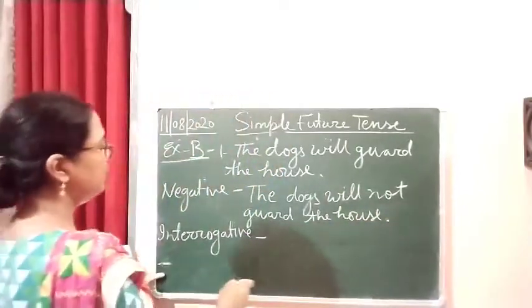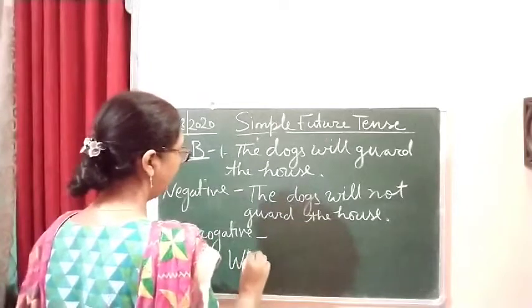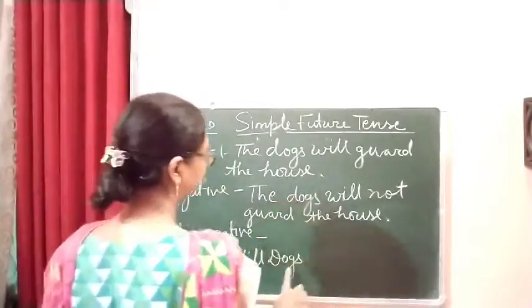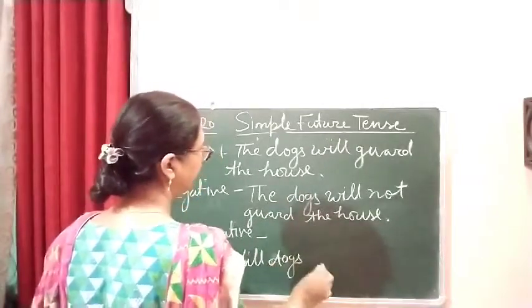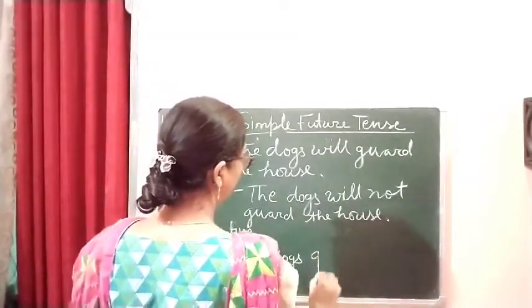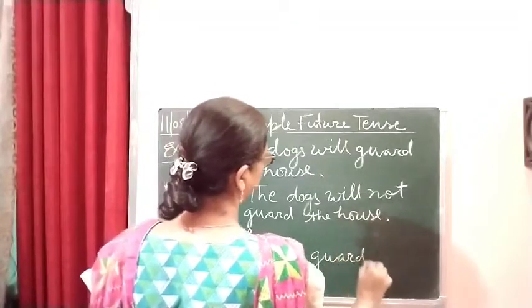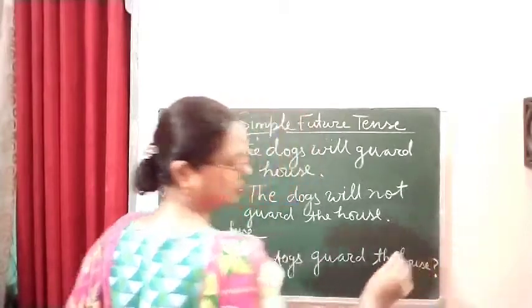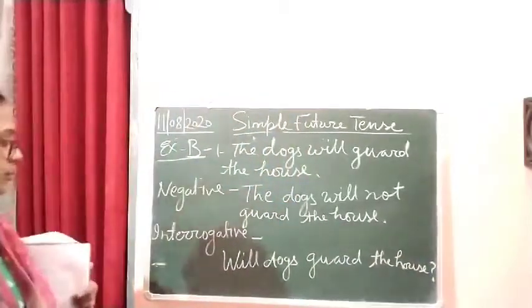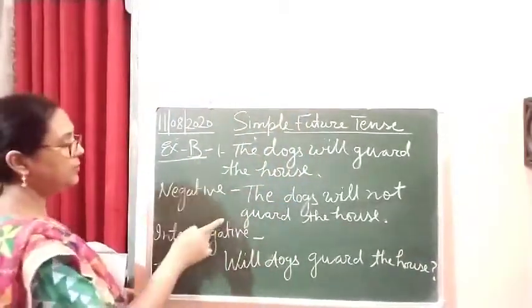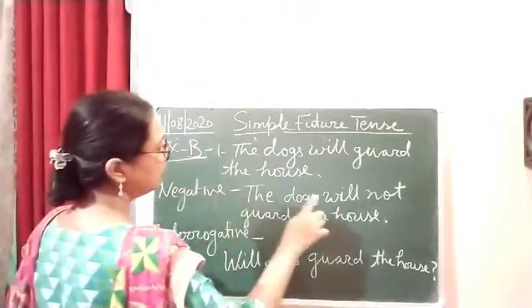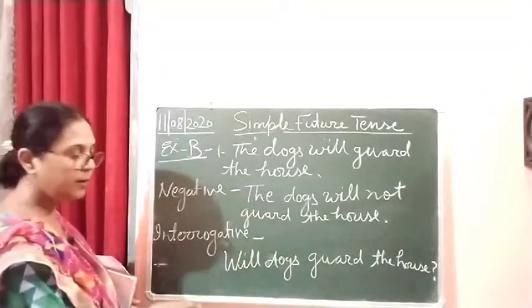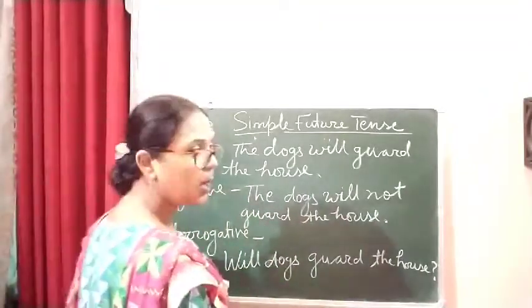Interrogative: will dogs guard the house? Question mark. Now here in negative we have made the dogs will not guard the house. In interrogative we have made will dogs guard the house.